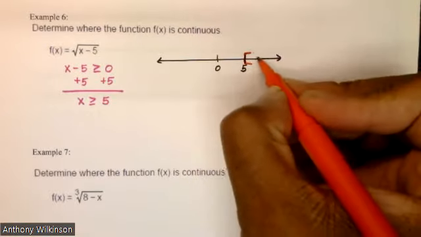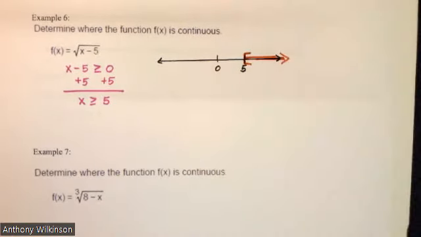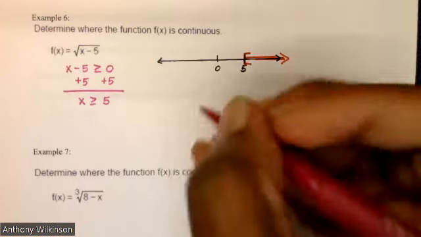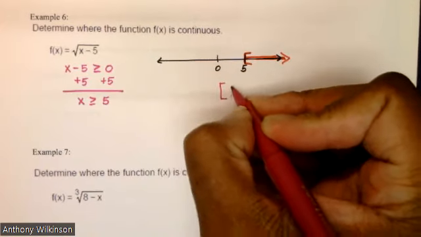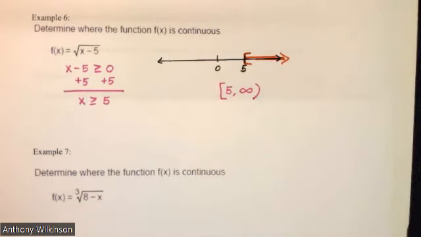The domain here in interval notation would be 5 with the bracket to show that 5 is included, onto infinity. And keep in mind, infinity always uses a parenthesis. Same holds true for negative infinity as well.